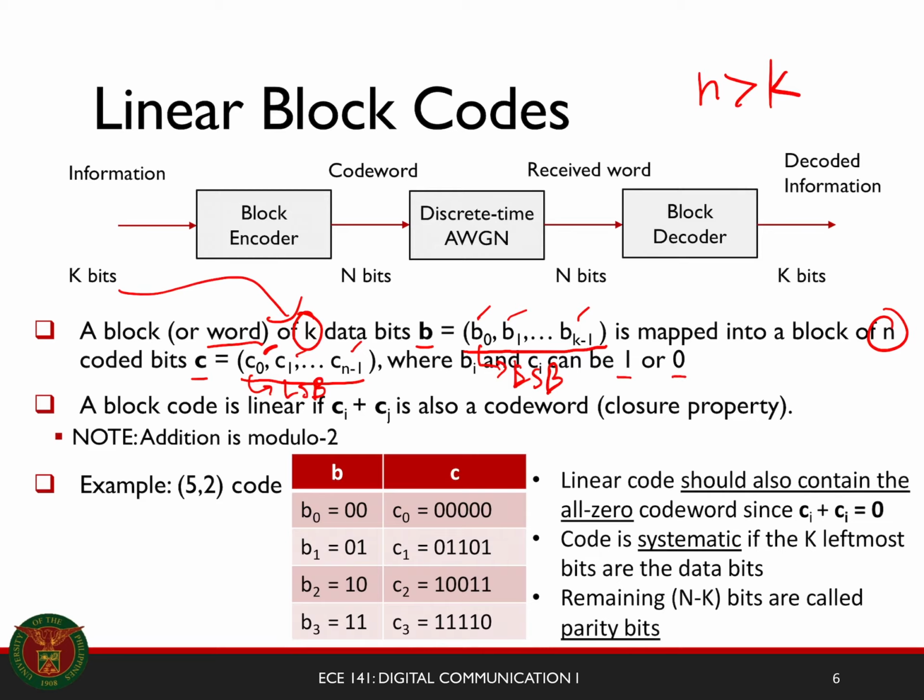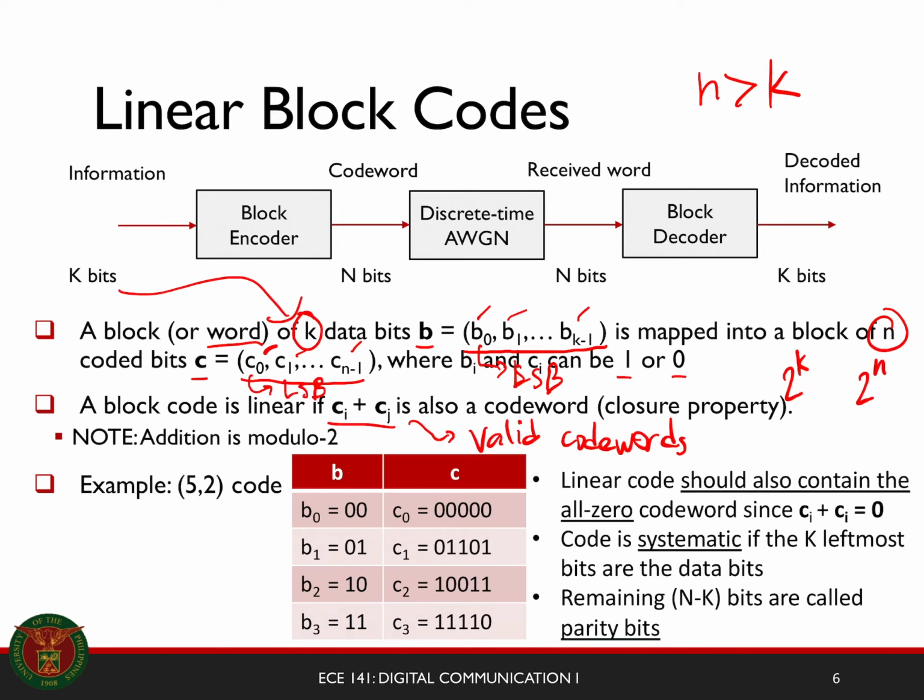Okay. Your code is linear if we add two code words and it results in a code word from the same set of valid code words. As you can see, if you have k message bits, you have 2^k possible messages, or 2^k possible symbols, whereas the number of possible coded words you have is 2^n.